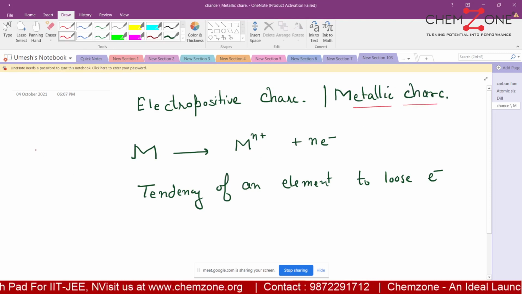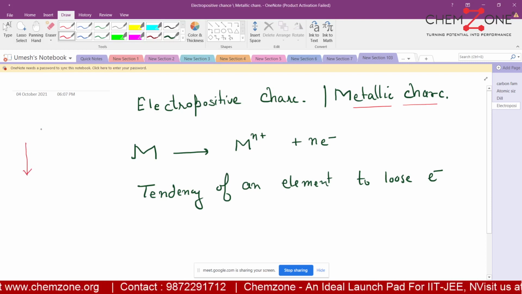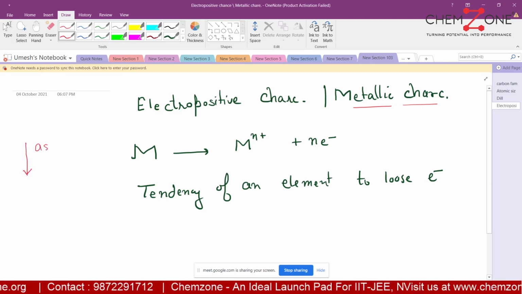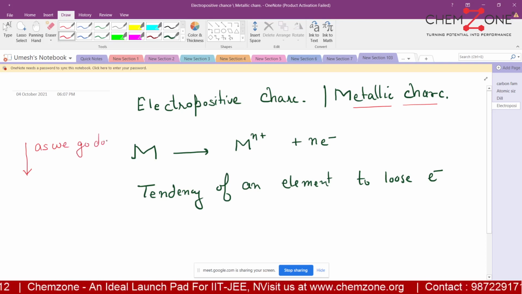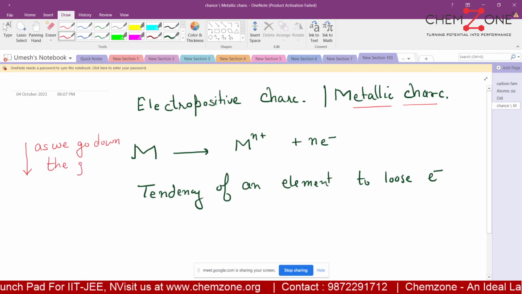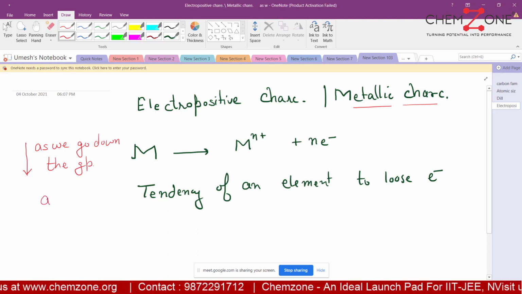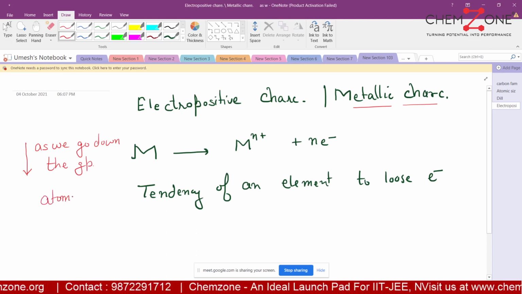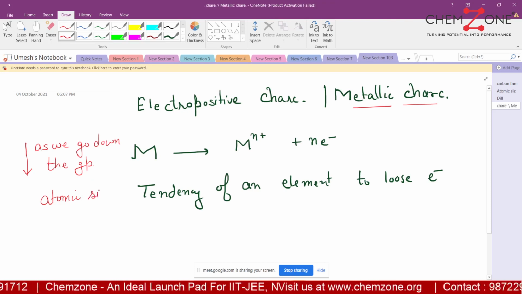So, what happens as you go down the group? Can you tell me how the electropositive character varies down the group? It increases. Why? Because the enthalpy of ionization is decreasing. Yes.